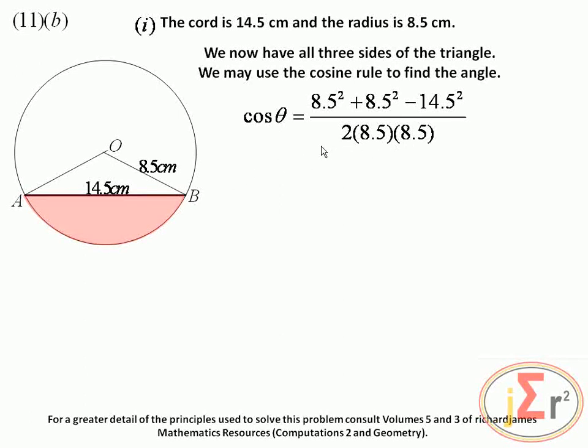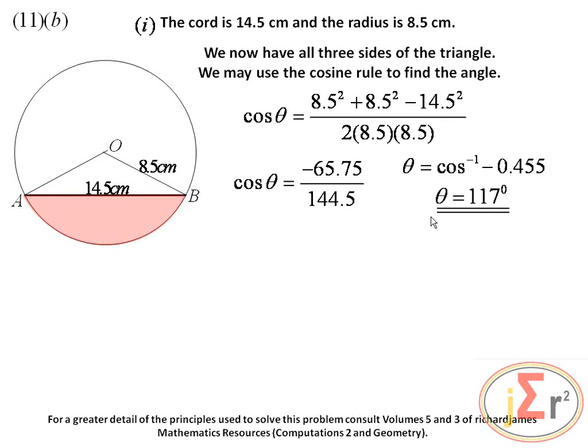The two sides that form the angle are added here, the other one is subtracted, which is different, and the two sides that form the angle are multiplied here again, and this is simplified, and that will give the cosine of the angle. So the cosine of the angle is negative 0.455. So theta is equal to cos inverse of negative 0.455, which is equal to 117 degrees.